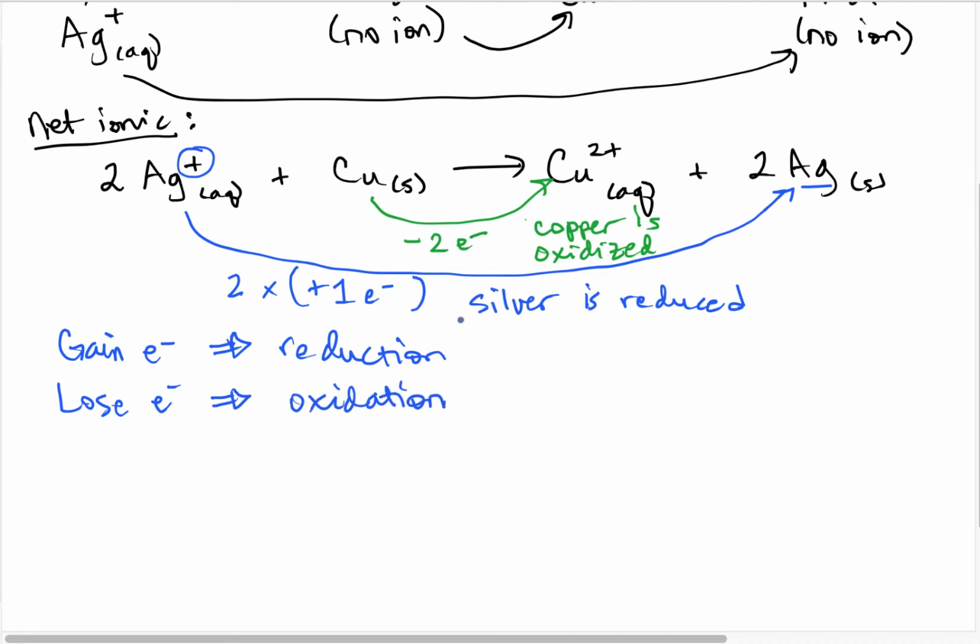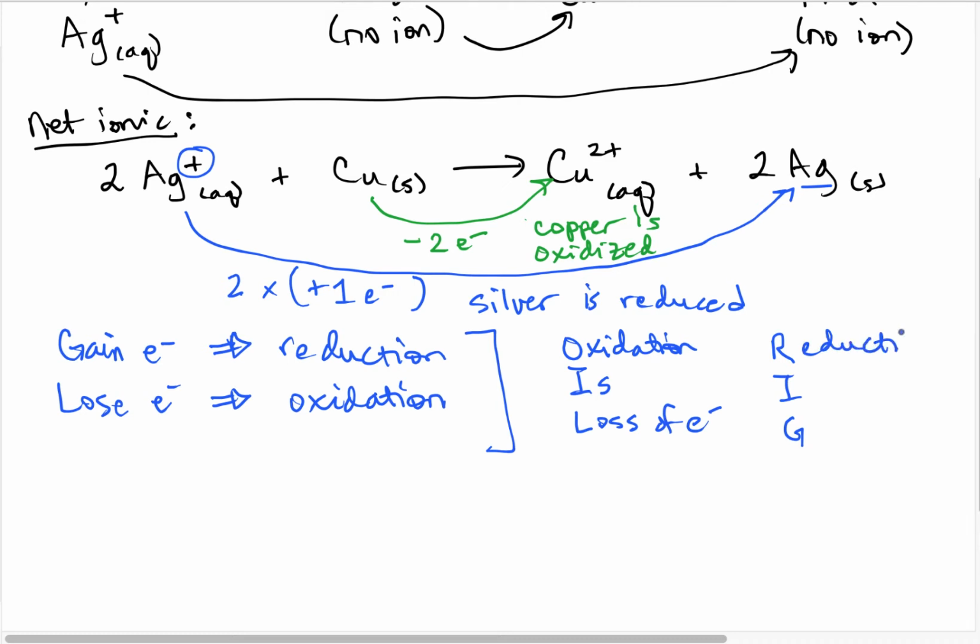We've got a couple of mnemonic devices, memory aids, if you need them. OIL RIG is one of those: oxidation is loss of electrons, and reduction is gain.